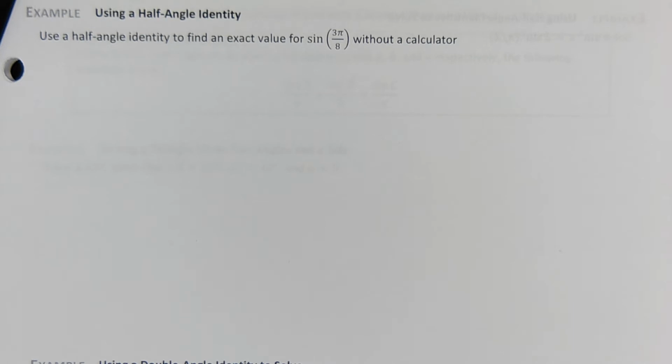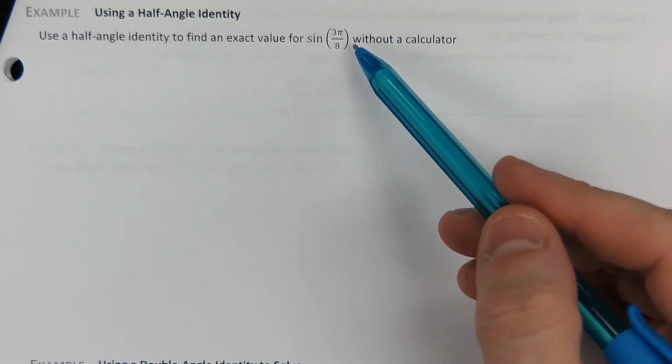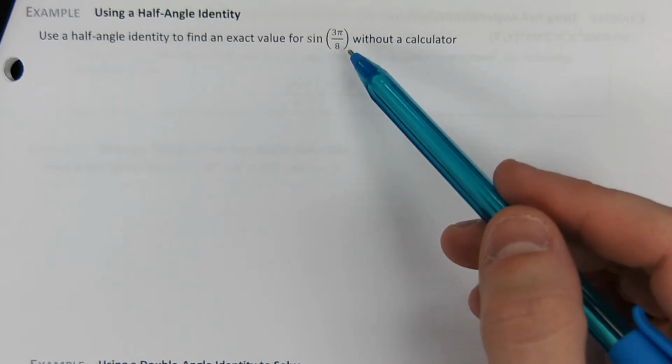So last couple of days when we were using the sum and difference identities, my apologies, we were able to evaluate trig that was over 12s, pi over 12 radians, multiples of 15-degree angles. These are halves of 45-degree angles.